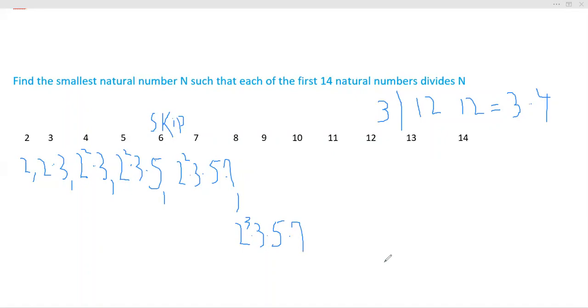Okay. Now, in a similar fashion, that was for 8. And for 9, hopefully this isn't getting too out of hand here. So for 9, everything's good except we need to make this 3 squared, so 9 will divide it, right? And so we will write down 2 cubed times 3 squared, and that accommodates 9, which is equal to 3 squared, right?